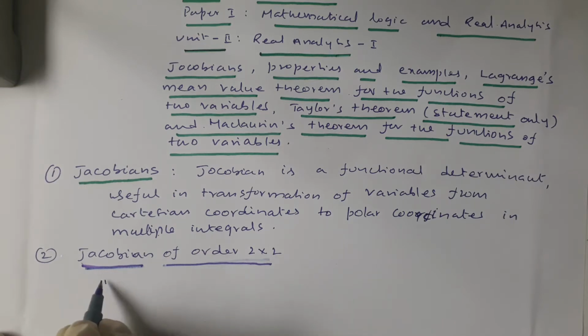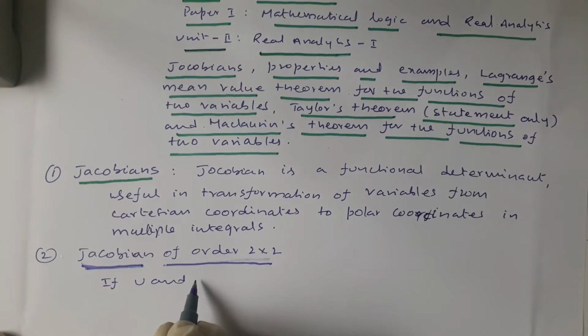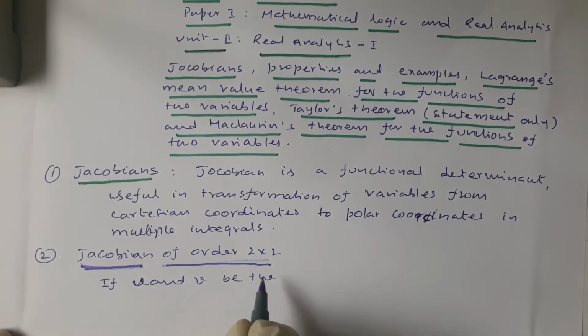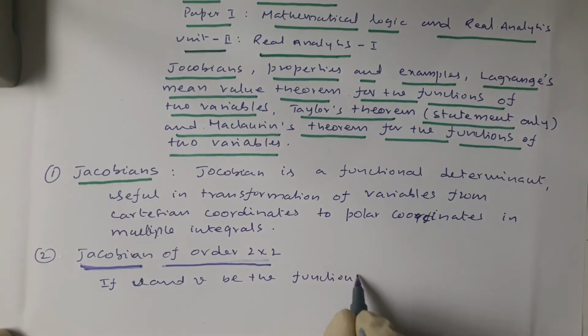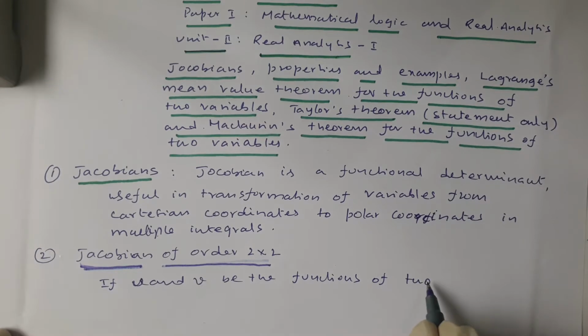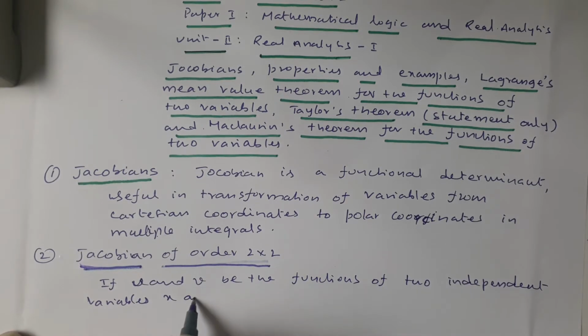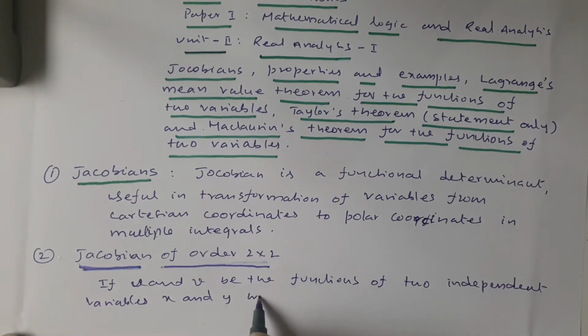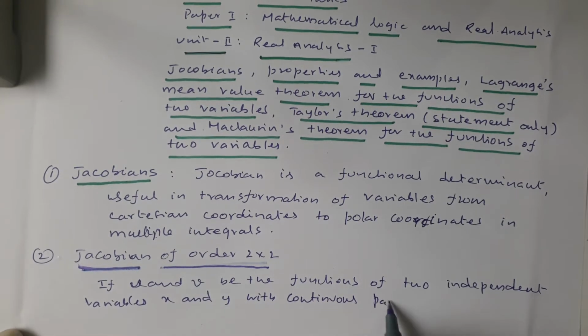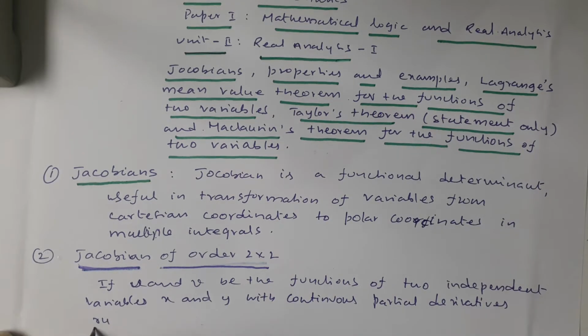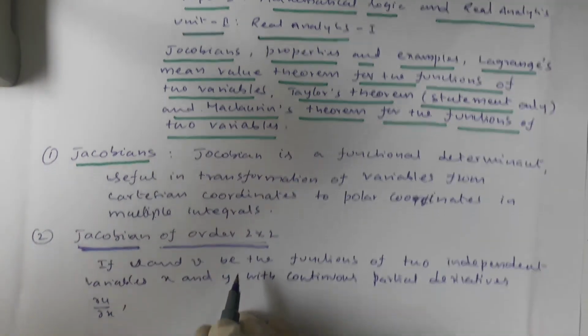If u and v be the functions of two independent variables, x and y, with continuous partial derivatives dou u by dou x, comma dou u by dou y.